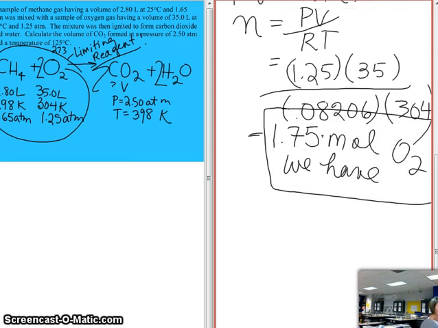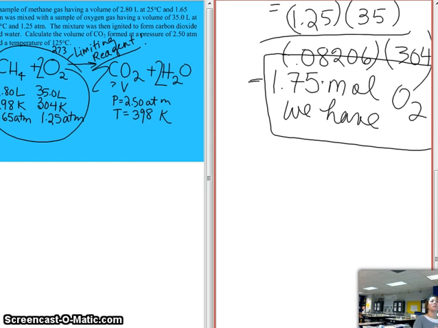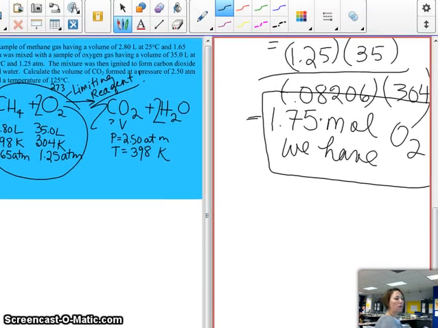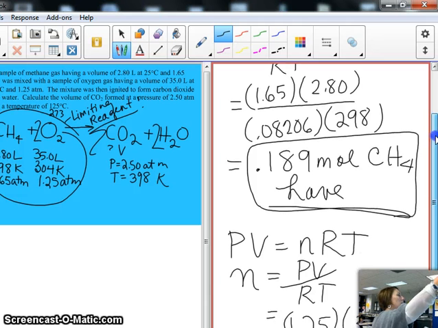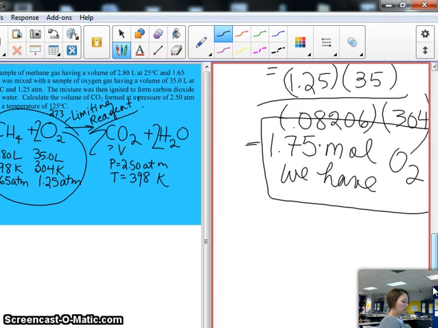So now we have moles of each reactant. We do a mole-mole between our reactants to find out who's limiting. So I always remember start with my first guy, which was the CH4. We have 0.189 moles of the CH4, right?